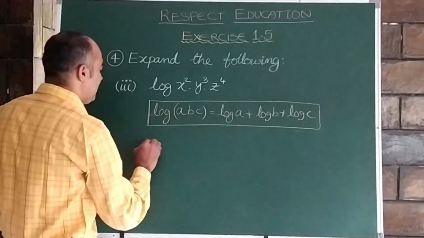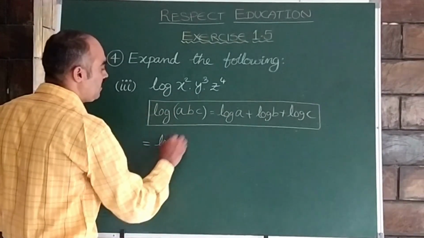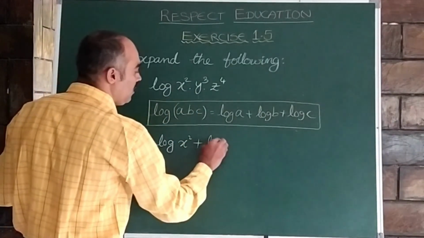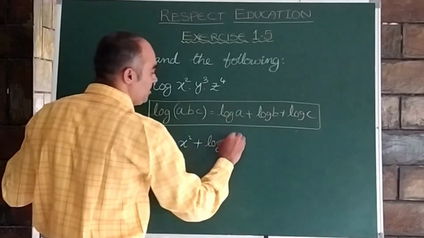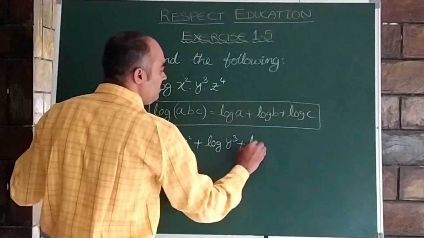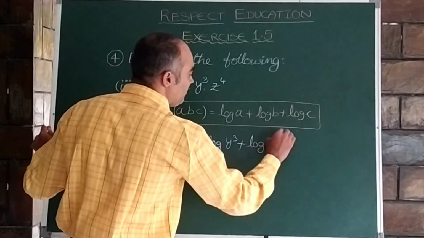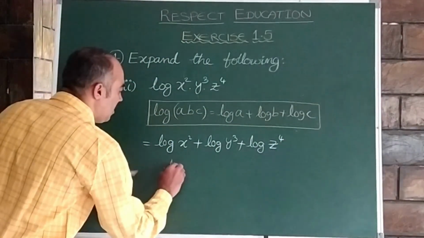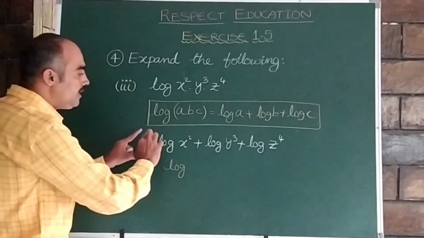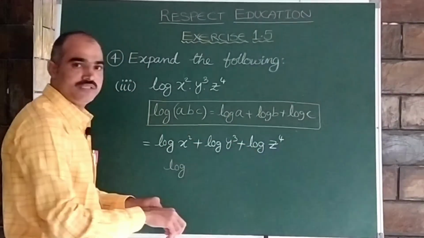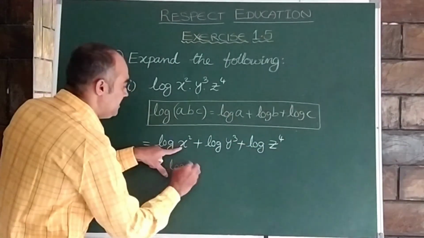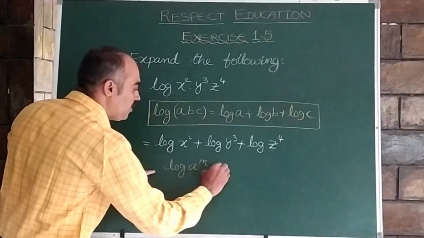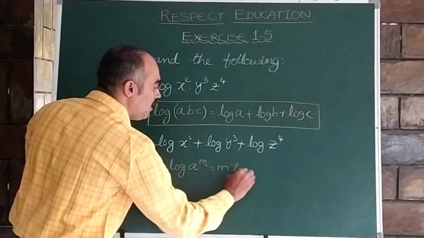So now let us come back to the question. Log, here a means log x square, plus log b means y cube, plus log c means z power 4, right? And we have one more formula, that is log a power m. By looking at the question only we can guess the formula, children. It's nothing difficult. Here x power something, so let us take a power something. So m comes forward, it is m times log a.